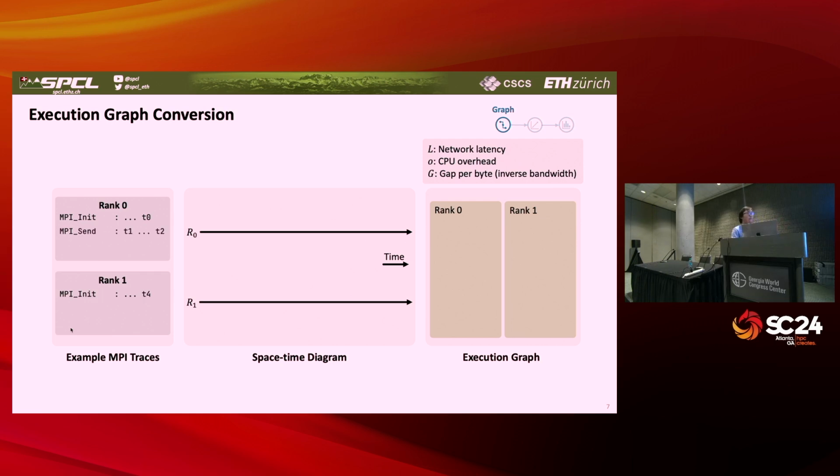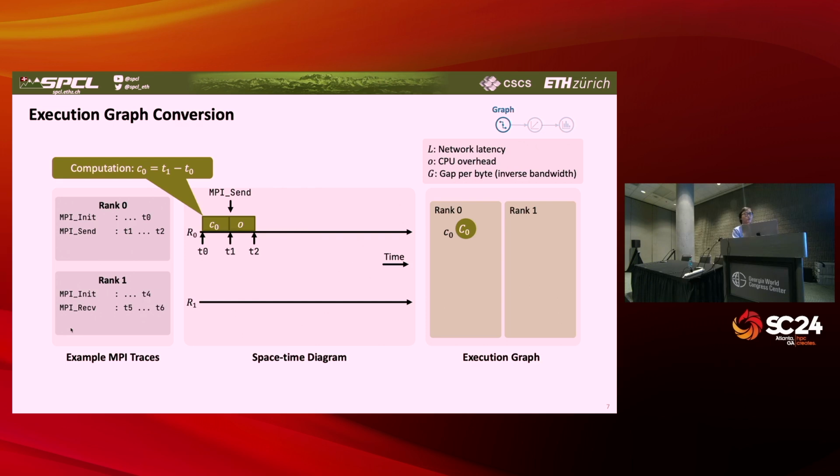The send operation is marked by timestamps T1 and T2, which mark the start and end of the MPI_Send operation. What we can deduce in this case is the amount of computation that has happened between MPI_Init and MPI_Send. This can be represented by T1 minus T0. Correspondingly, we add a vertex C0 to the execution graph to represent this computation.